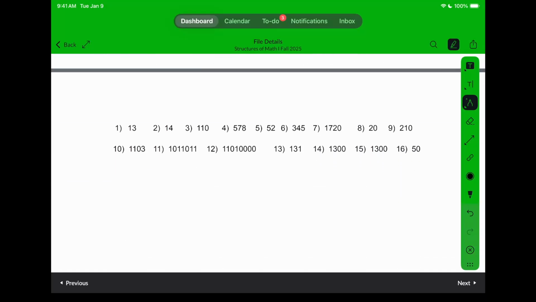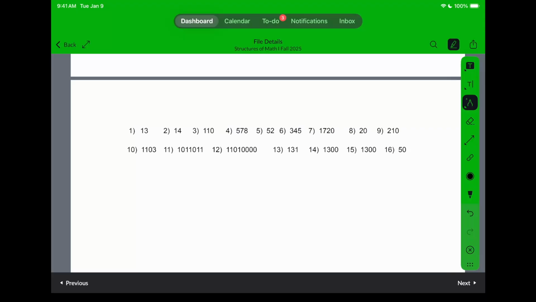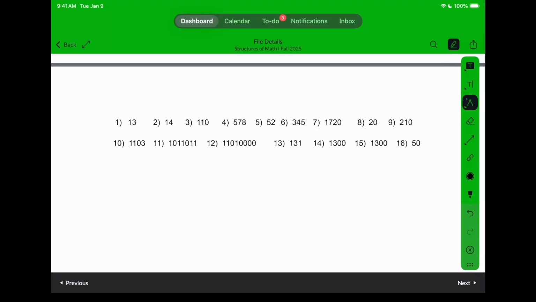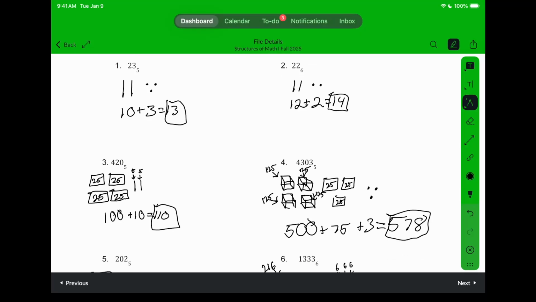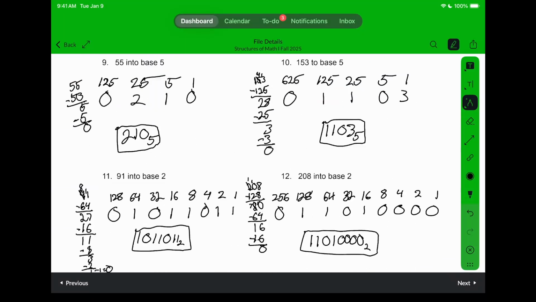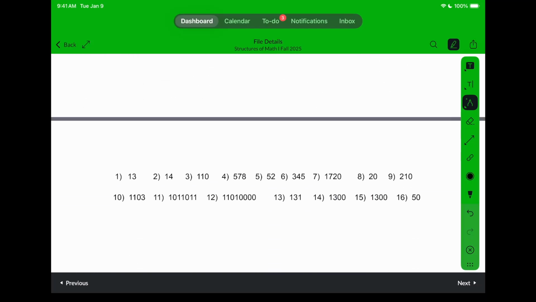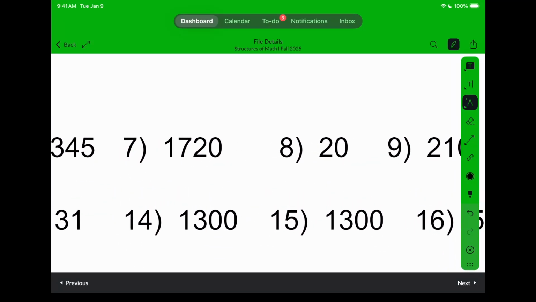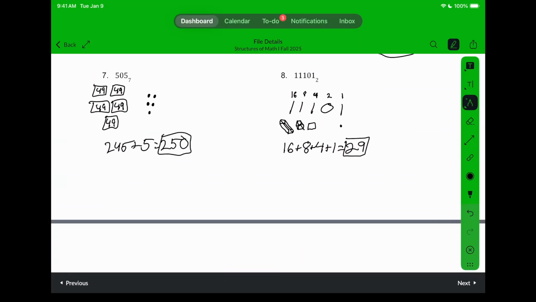And here are the answers again to double check. 13, 14, 110. Then 578, and then 52, 345, 17, 20, 20. And these two, 7 and 8, she did send out an email in the beginning of the semester saying these two were wrong, and we did them in class, and they were 250 and 29.